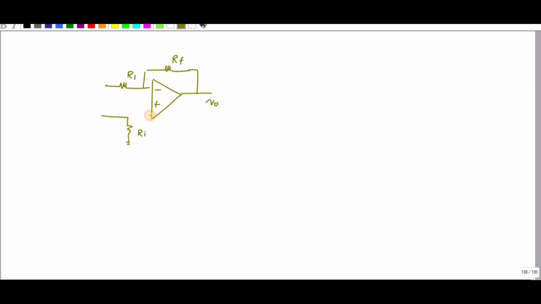We know that V0 is equal to VA into 1 plus RF divided by R1.